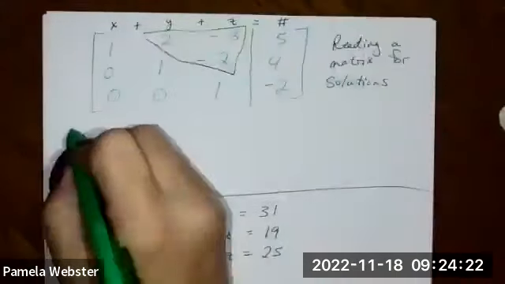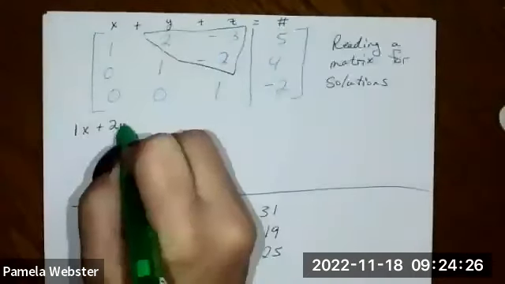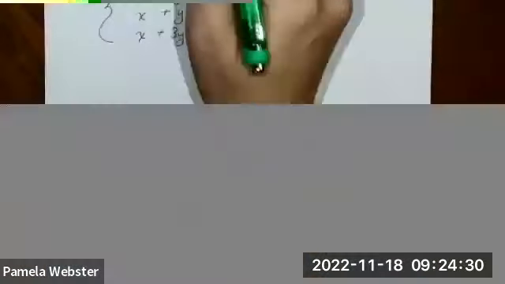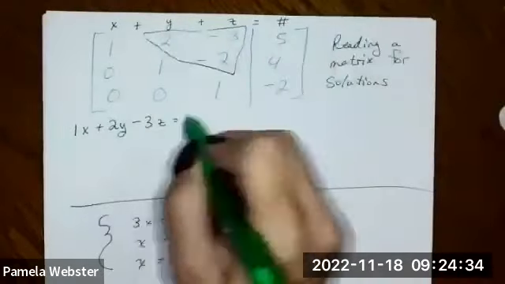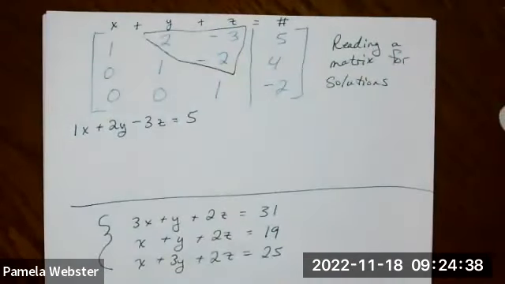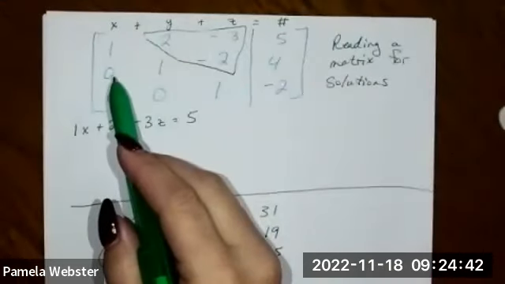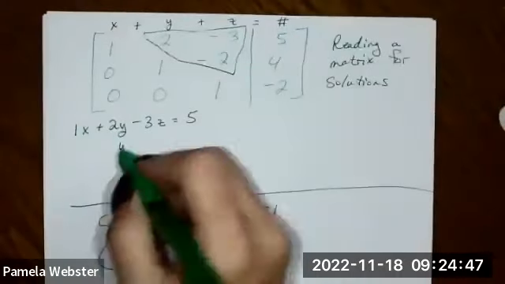And we're going to say, okay, this first row was 1x plus 2y. It's a -3, so I can put a plus minus, but I'm going to just say that's minus 3z equal to 5. Okay. And then the second row where there's 0 x's, so I don't even have to write that one, right? But it is 1y, y.